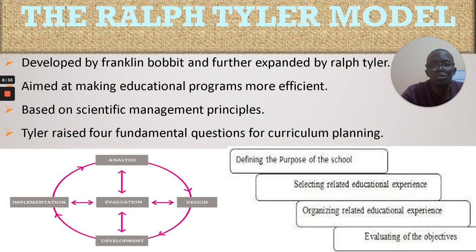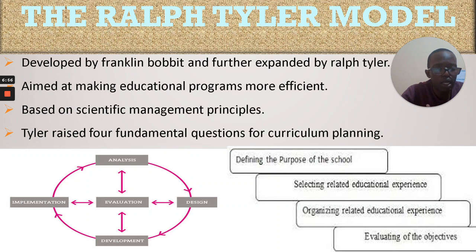Another thing we need to know about this kind of model is that it raised fundamental questions for curriculum planning. We look at these four fundamental areas. The first question is to define the purpose of school. The second is selecting related educational experiences.